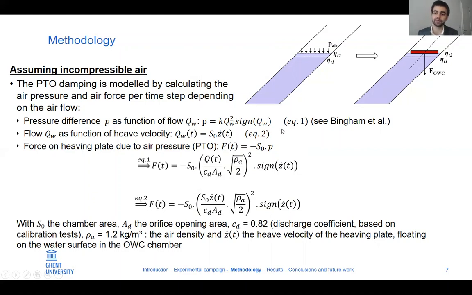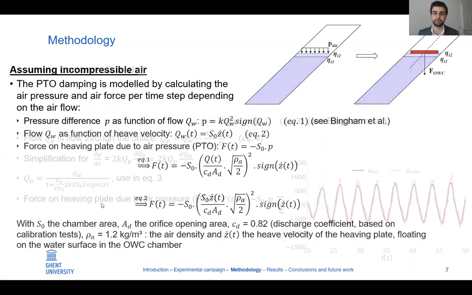Since the air is incompressible, it's assumed that the airflow driven by the free water surface is the same as the airflow going through the orifice. That's expressed in equation 2 here, with S0 the area of the chamber and Z dot the heave velocity of the floating plate. Once the pressure difference P is known, the PTO force F acting on the floating plate can be calculated, and this force is then implemented in Project Chrono coupled to DualSPHysics.